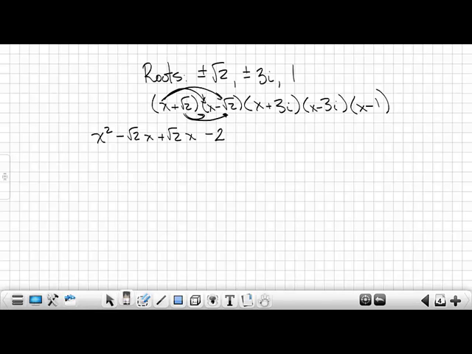Well, because now I've got that. Here, x times x. X times negative 3i. 3i times x. Positive 3i times negative 3i. Negative 9i squared.